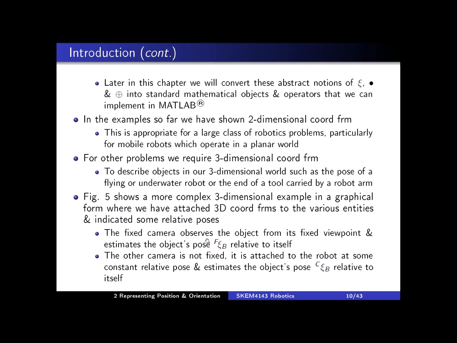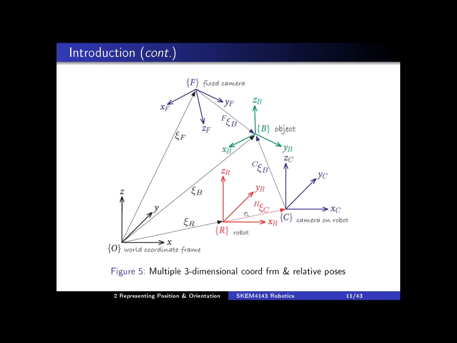The fixed camera observes the object from its fixed viewpoint and estimates the object's pose psi BF relative to itself. So there's a fixed camera, we have a fixed world coordinate frame, we have a robot that is moving, and we have a camera on the robot, which means whenever the robot moves, this moves as well.